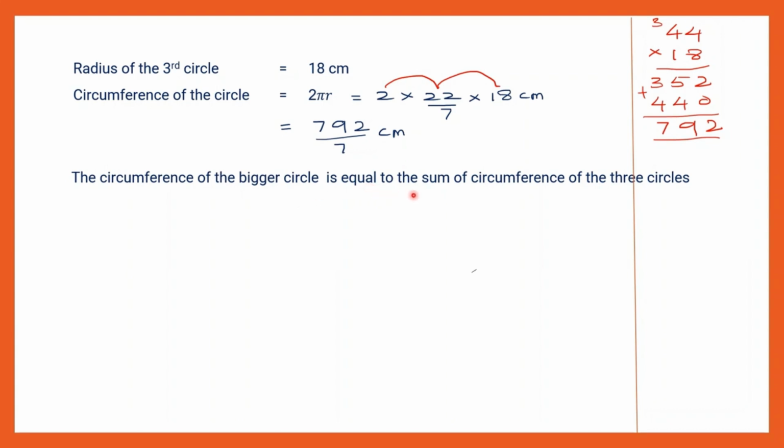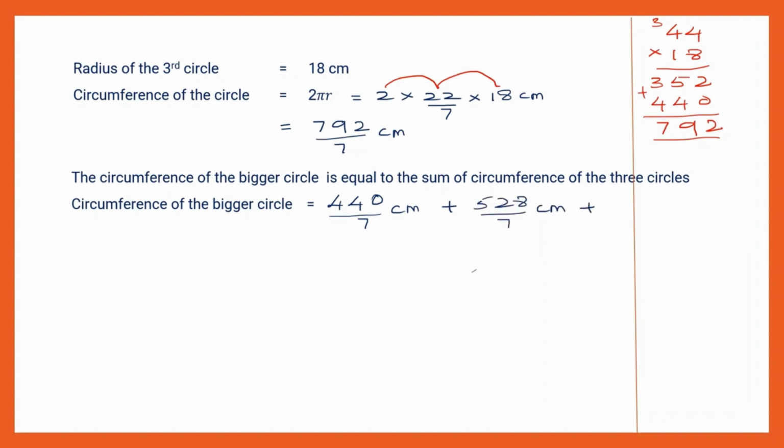So this is given to us in the question that the circumference of the bigger circle is equal to the sum of the circumferences of these three circles. This is the third one. We had found the circumference of two more. So let's find the circumference of this bigger circle. That will be the sum of all three circumferences. So the circumference of the first circle was 440 by 7 centimeters, the second one is 528 by 7 centimeters, and the third one is what we just found out, 792 by 7 centimeters.